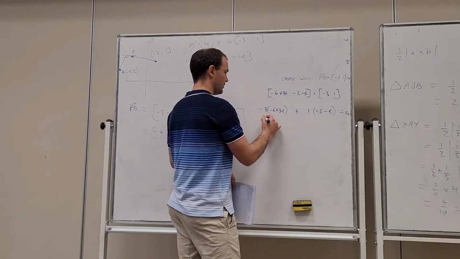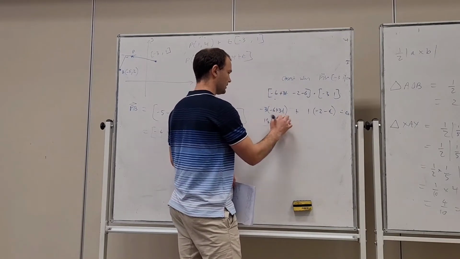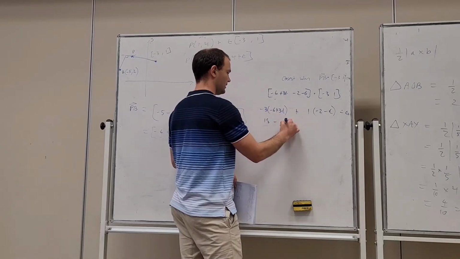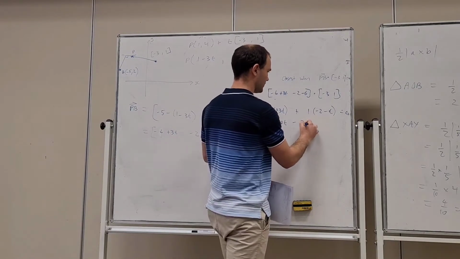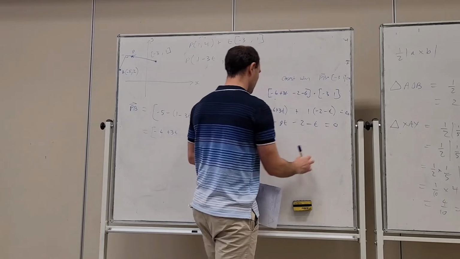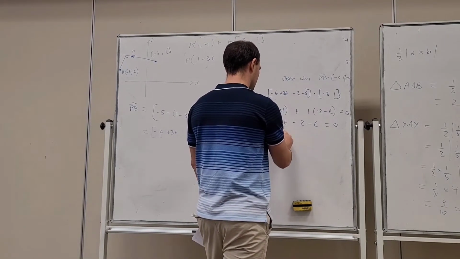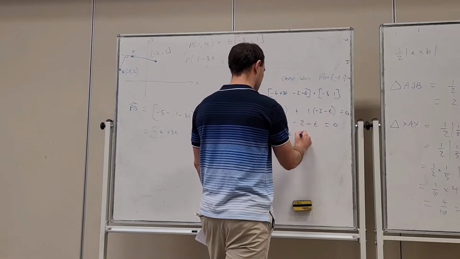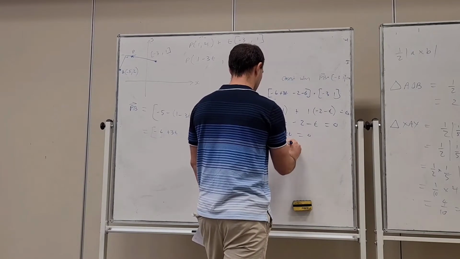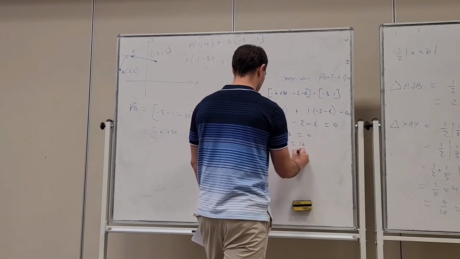So here we're going to get positive 18 take 9t, and then here we'll get 2 take t equals 0. We're going to get 20 take 10t. We get 10t equals 20, t equals 2.